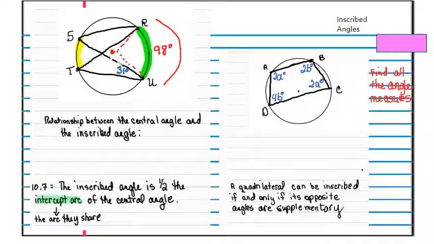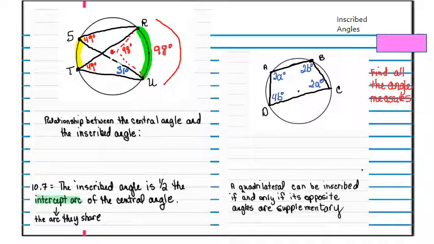So if the arc is 98 degrees and the central angle is 98 degrees, then the inscribed angle is going to be half as much, which would be 49 degrees. And because RTU intercepts that one too, it's 49 degrees.